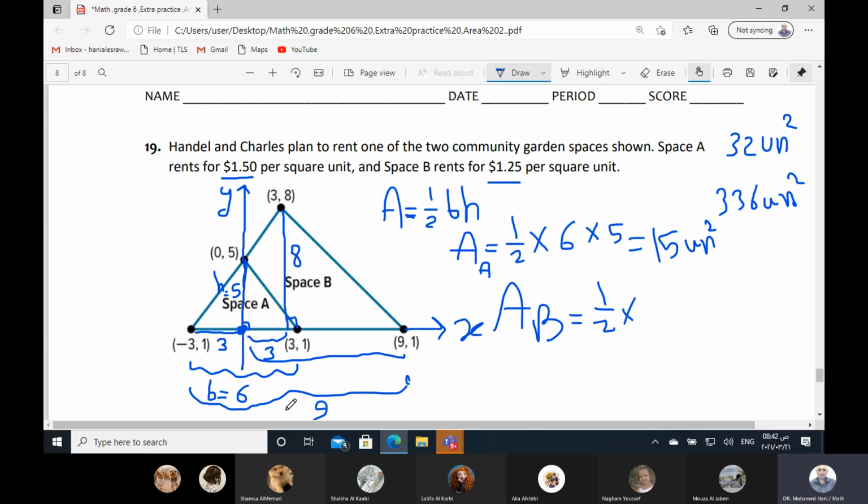So the base here will be 9, so we write times 9. And the height, as you see, the y here will be 8. So H equals 8.